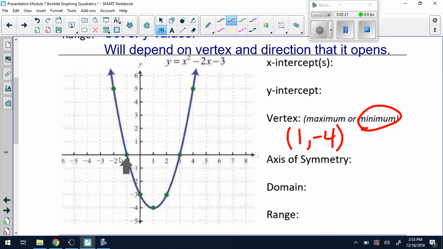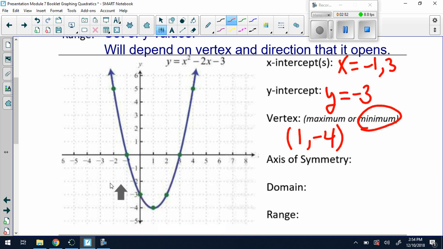So my x-coordinates there are -1 and +3. So my x-intercepts are -1 and +3. I'm just going to list them with a comma in between. My y-intercept is right there at -3. It's the y value I'm looking for when I'm looking at my intercept. If I wanted to write that as a point, I could.